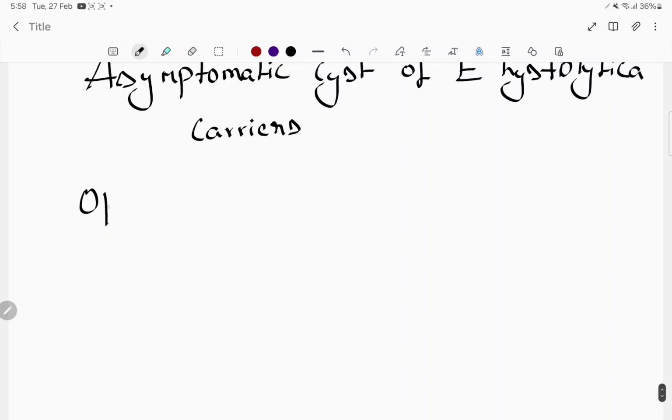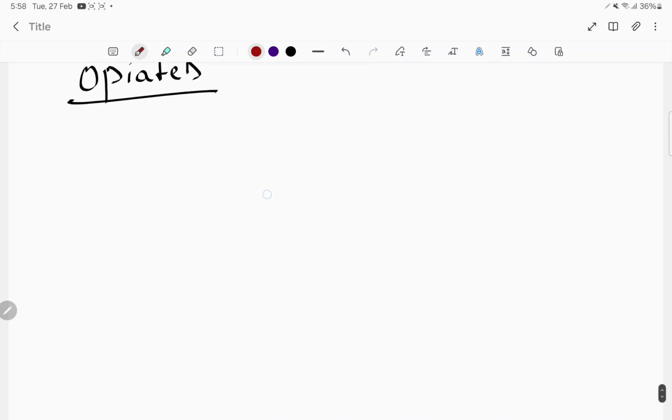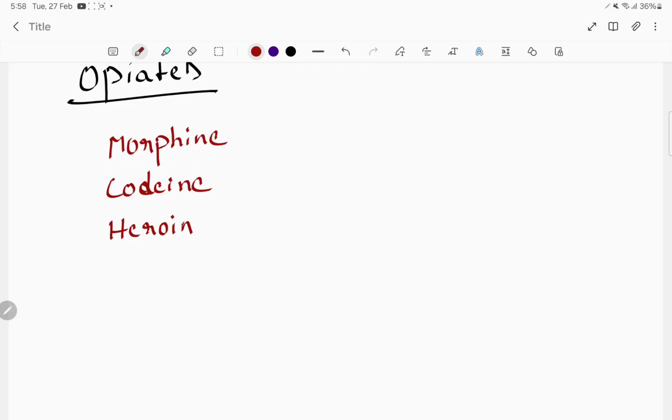So coming to the list of opiates. Morphine, codeine, heroin. So the diacetyl morphine we call it as heroin.